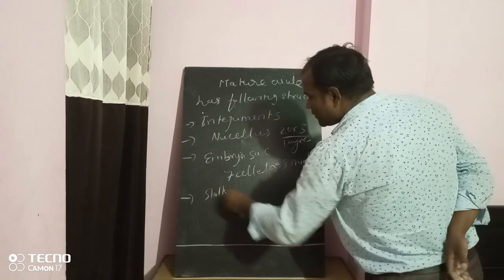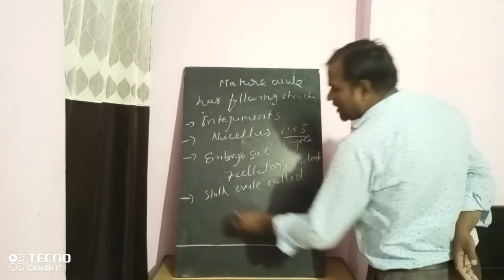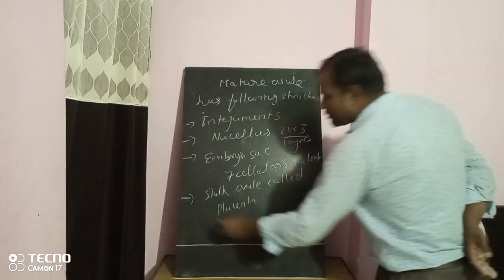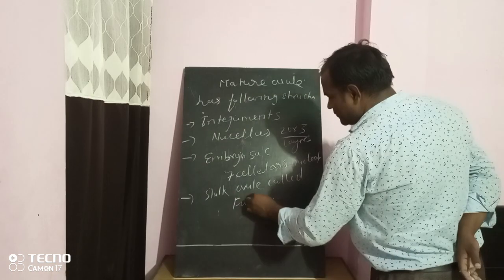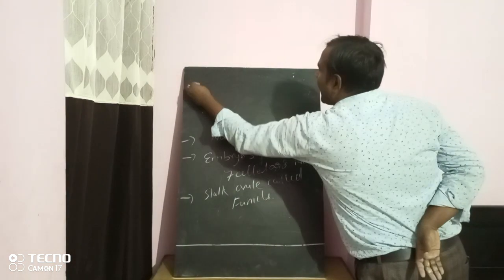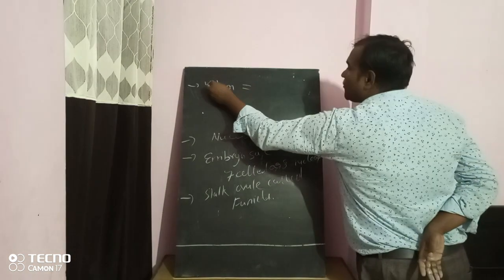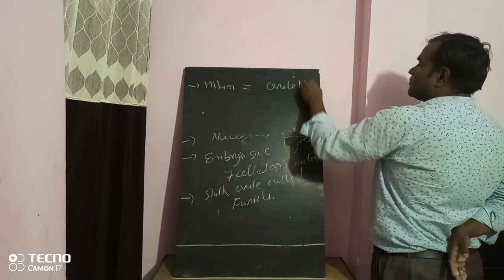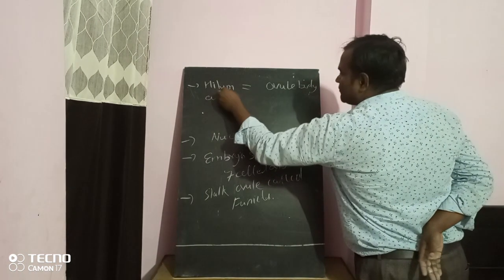The stalk of the ovule is called the funicle, a filament through which it attaches to the placenta inside the ovary locule. Clear? The hilum is a point of junction where the ovule body is attached with the funicle.